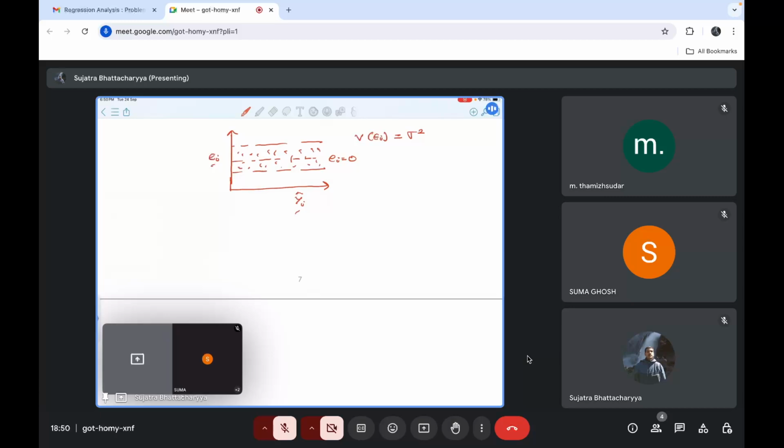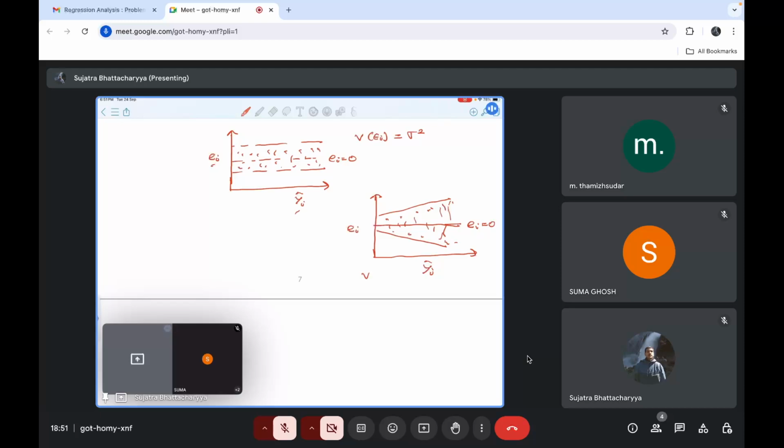However, if you go to a plot like this, this is y_i hat, this is your e_i, and this is your e_i equal to 0 line. But now suppose it is an open funnel kind of structure like this, with the scatter going farther and farther away from the e_i equal to 0 line.